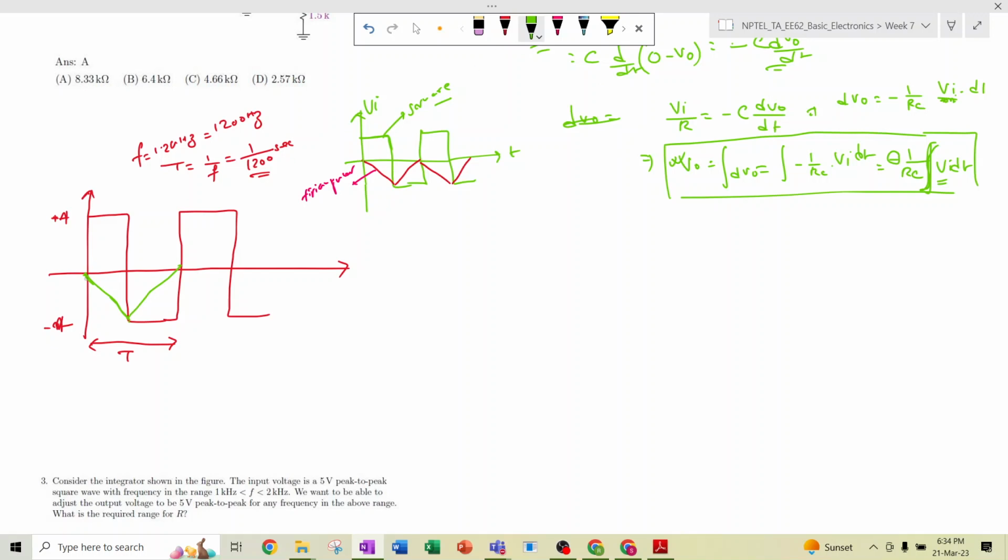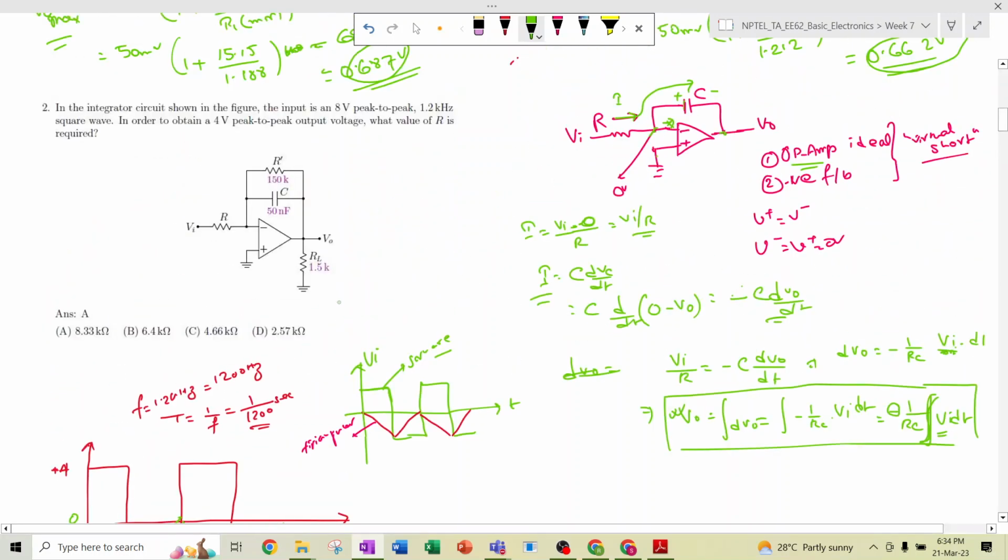So the output will be on the negative side, from 0 to 4 in magnitude.